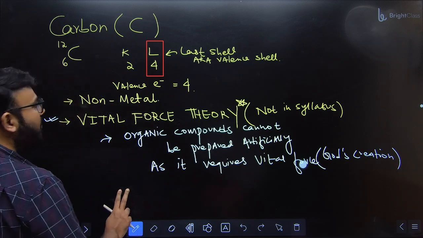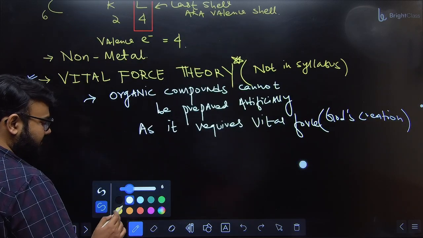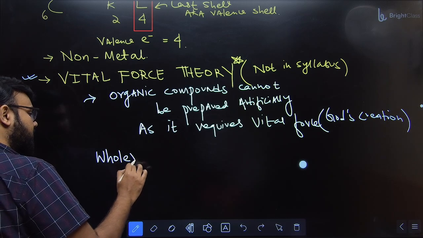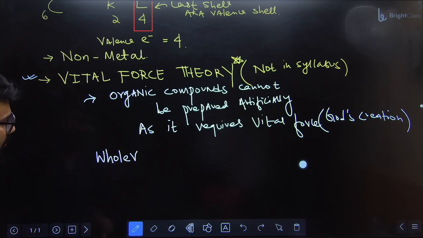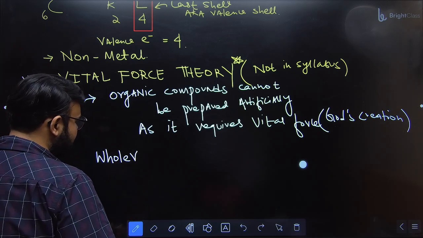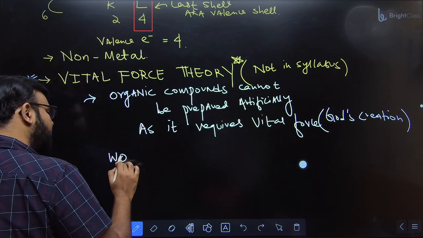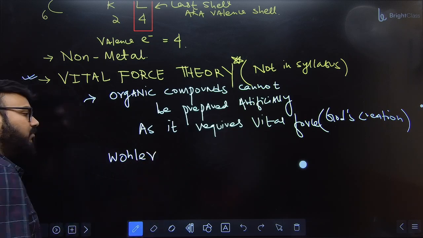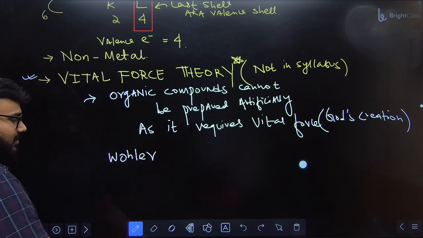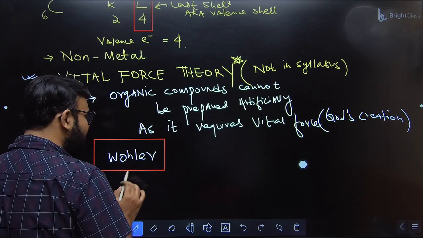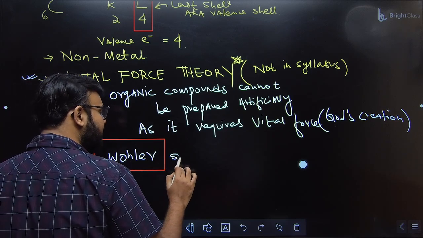But later on, one scientist came. His name was Wöhler. Is it Whohler or Wöhler? I think it's Wöhler. So Wöhler was the scientist. Now what you're learning is Wöhler synthesis.